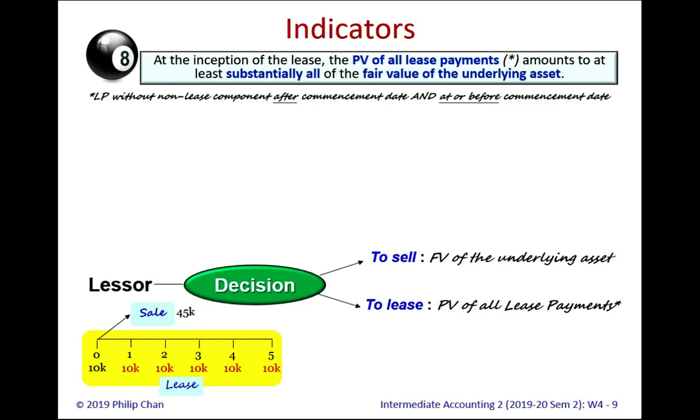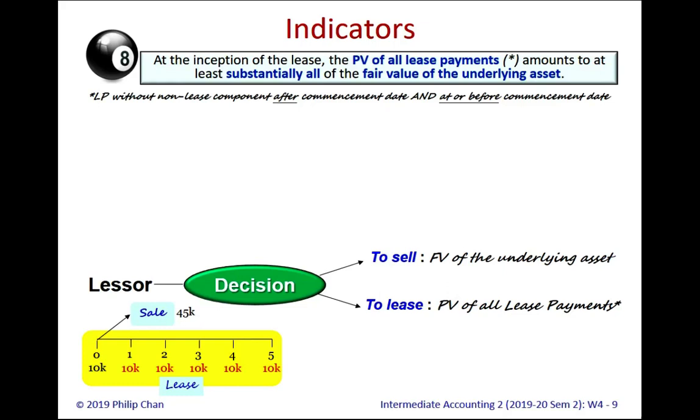So what they are doing now is comparing two figures: the present value of all lease payments versus the fair value of that asset. If we can prove that the present value of all lease payments is substantially all of the fair value of the asset, then this is satisfying indicator number 8.